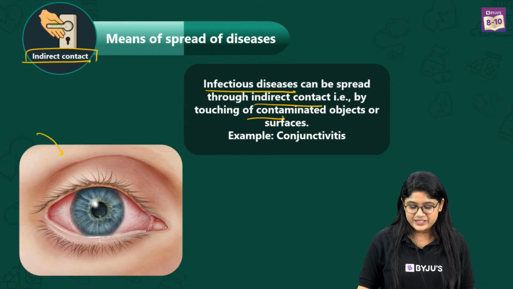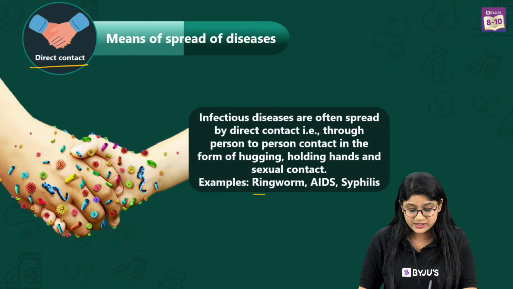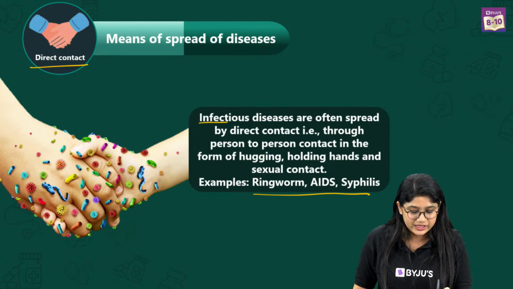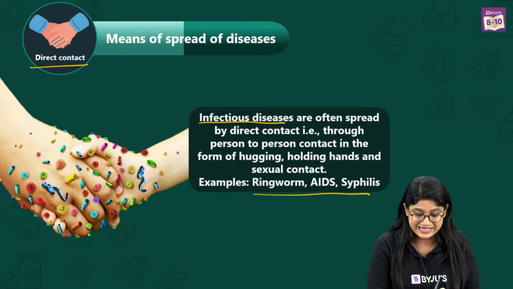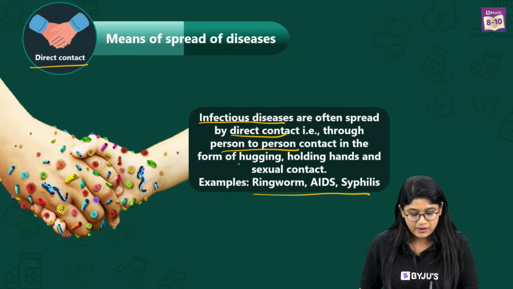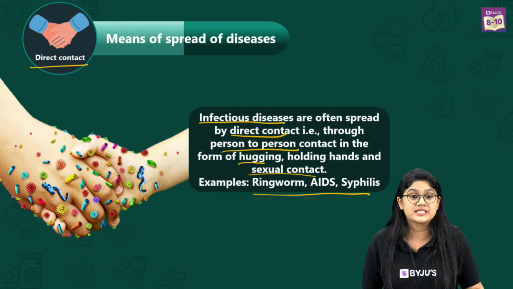Moving ahead very quickly to direct contact. As the word suggests, direct contact: ringworm, AIDS and syphilis. Infectious diseases that are often spread directly through person-to-person contact, by hugging, by holding hands, or by any sexual contact. And over here we have the examples of it.